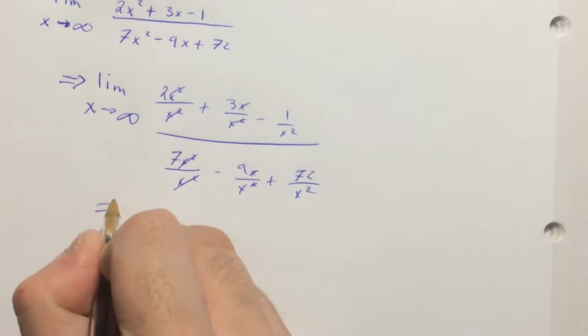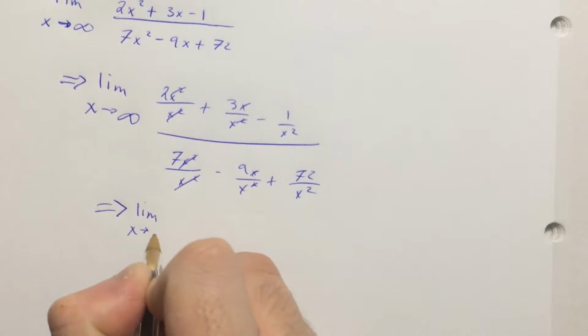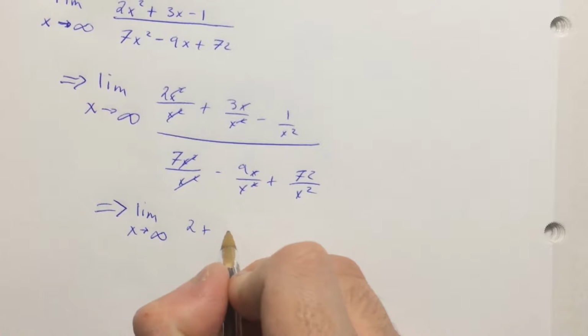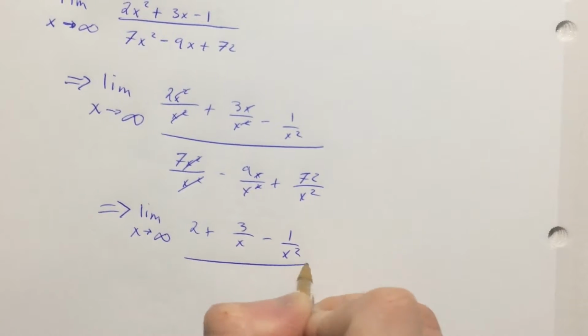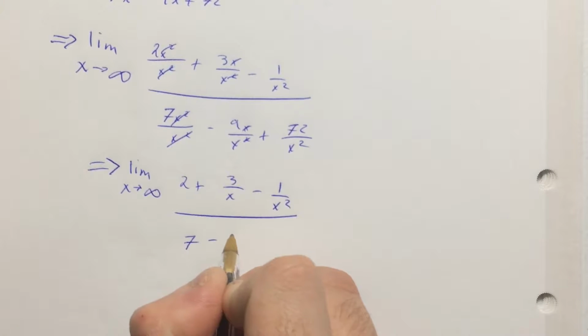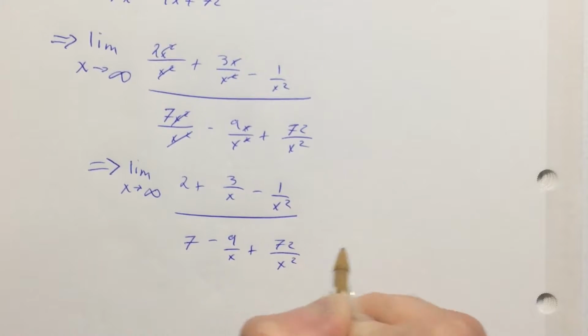So now let's rewrite it. It's the limit as x approaches infinity. Now this is going to be rewritten as 2 plus 3 over x minus 1 over x squared, over 7 minus 9 over x plus 72 over x squared.